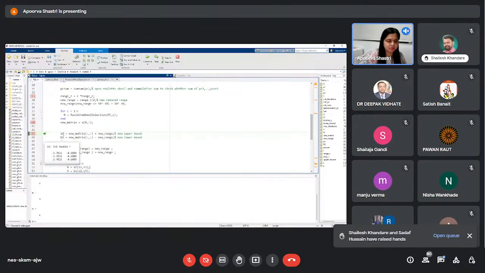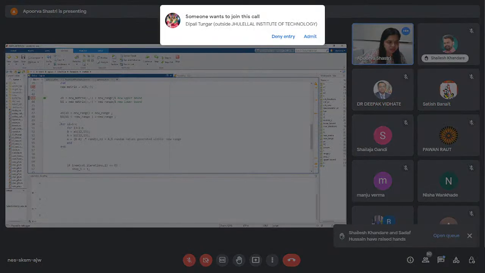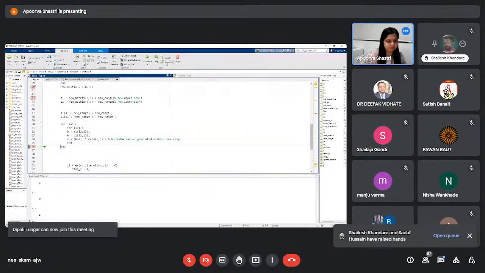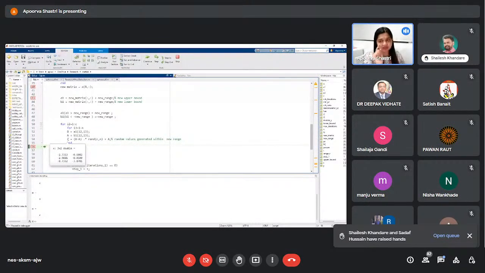So these are the new upper bound and new lower bound for the candidates, and from that we have generated the new x values. The new x values are these. Please make sure that whatever variable you use at the start of initialization, the same variable you have to use here.